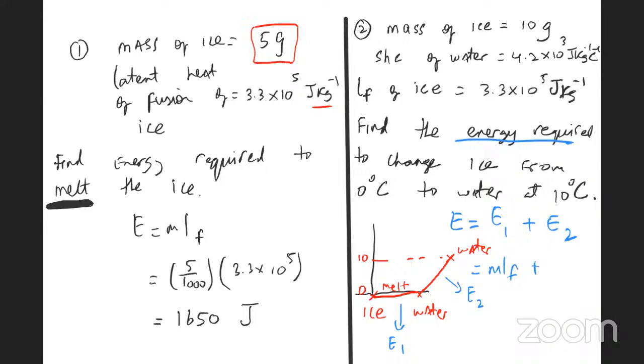For the second phase, what's the formula you're using? E is equal to what? ML V? Now, it didn't vaporize. Temperature change, what's the formula? Okay, come on, people, please.